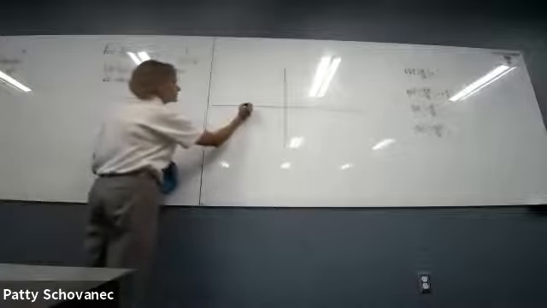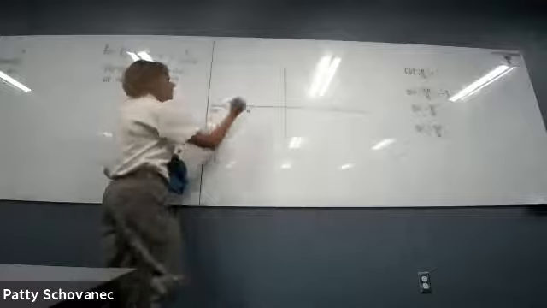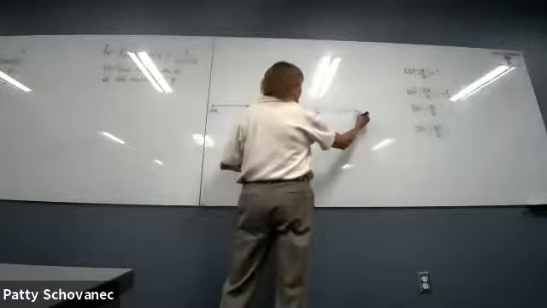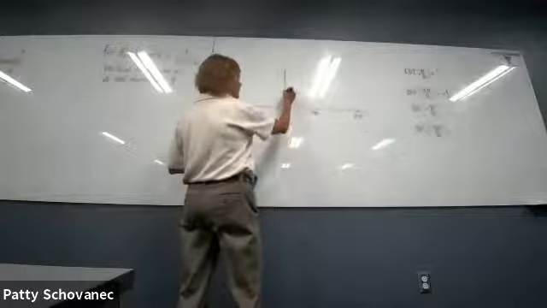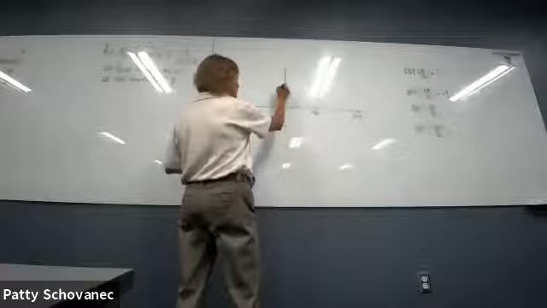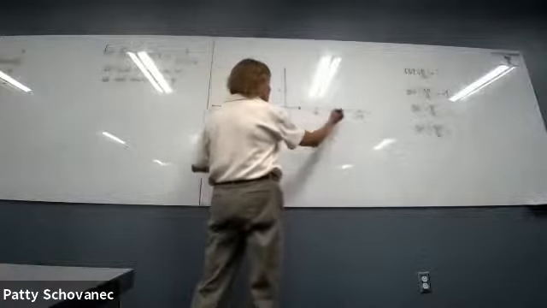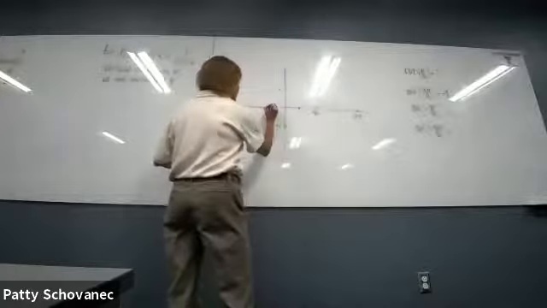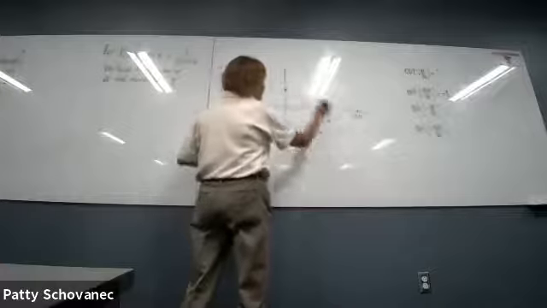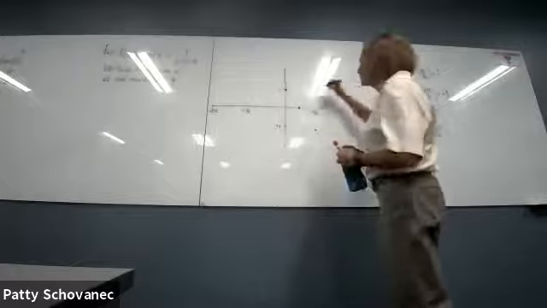So let me get my cosine curve in here. Let's make this a 1 right here, and negative 1 there. So cosine crosses at the multiples of pi halves. It's a negative 1 here, crosses, it's a positive 1 there.